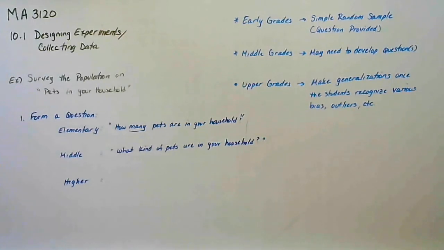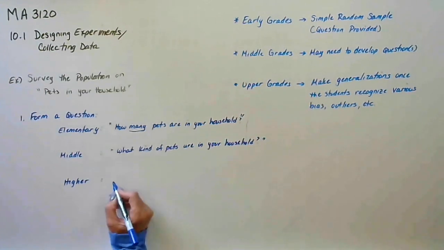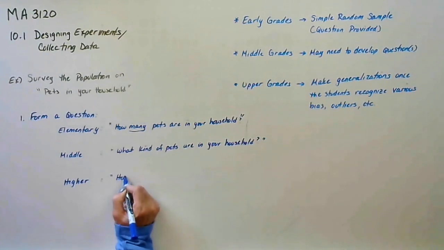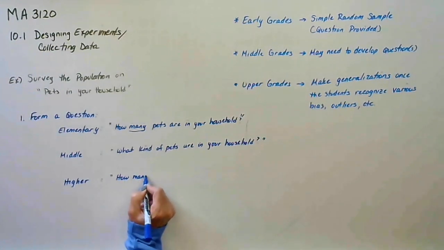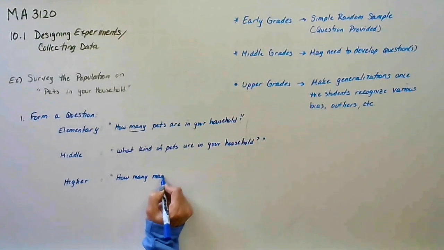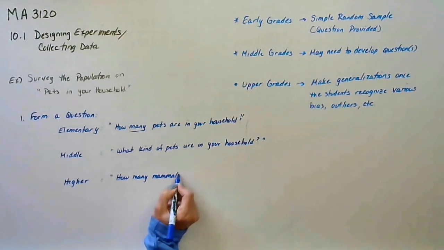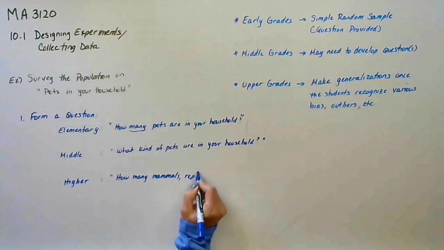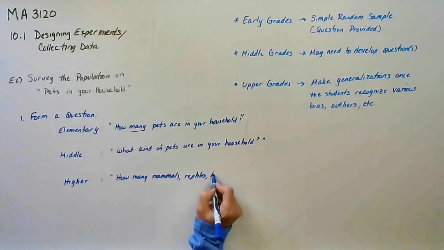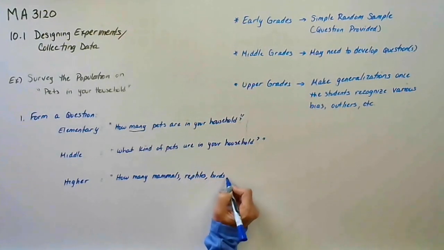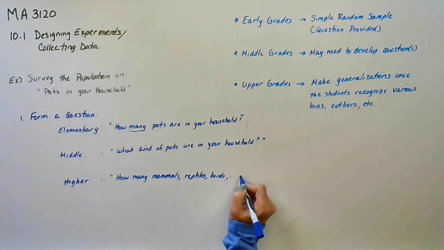And maybe a higher level type question for the same thing is, well, how many mammals, reptiles, birds? So we start categorizing. How many mammals, reptiles, birds, or none, etc., are in the household?